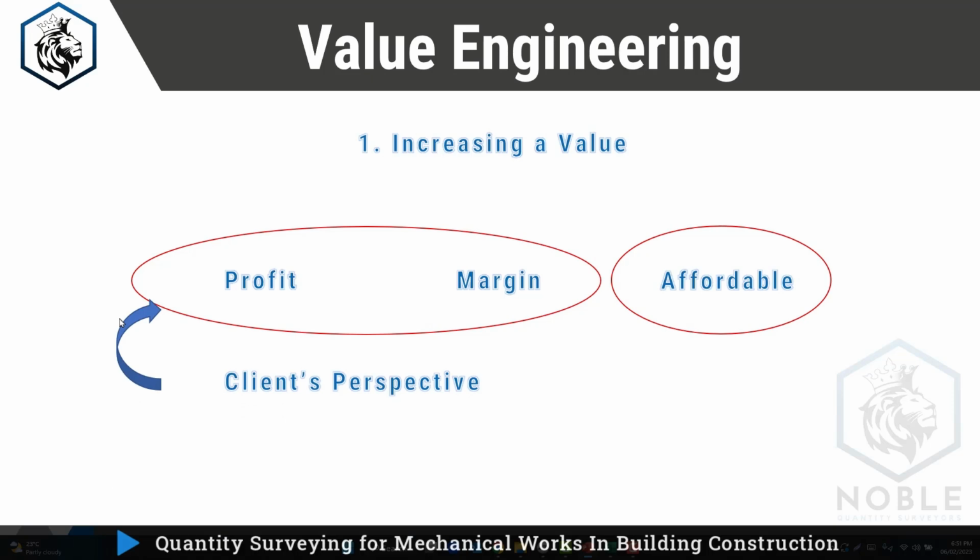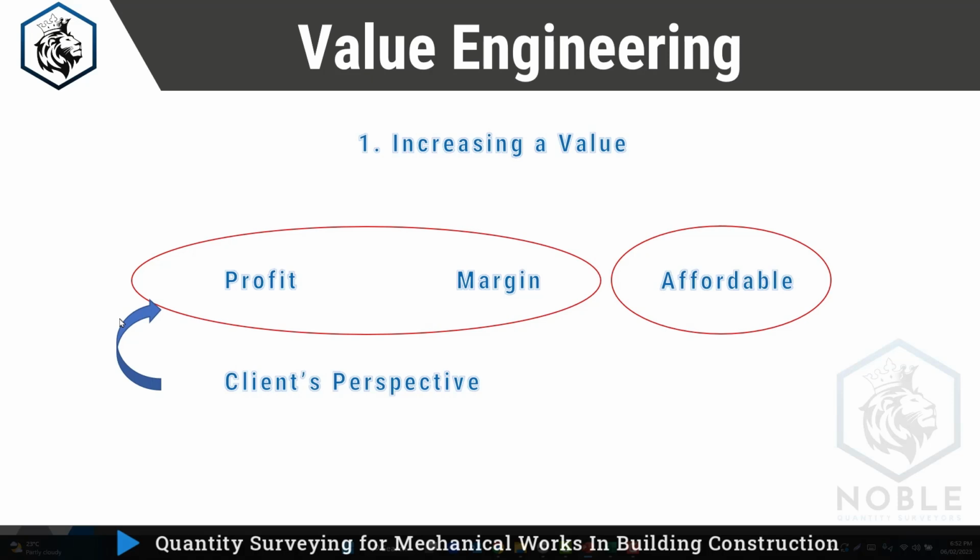What it means is, the client wants more profit and he wants more margin. If he is constructing a building, and if he is selling a flat, if he spent like 100,000 dirhams as a construction cost of that particular flat, he needs some extra profit.